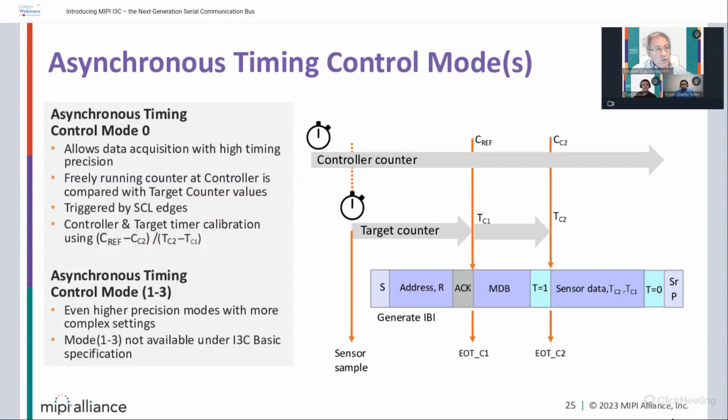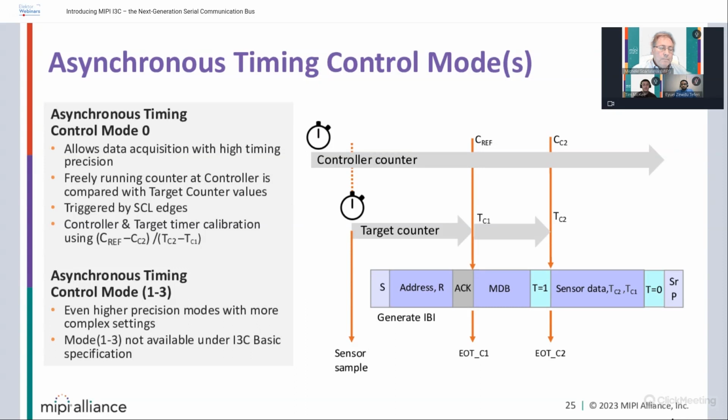On the acknowledge rising edge you measure the time, and then after the MDB you do a second measurement, and then you send the sensor data. By doing the calculation that you see on the 4th bullet point, the controller can know at very precise timing when the sensor sample was acquired.